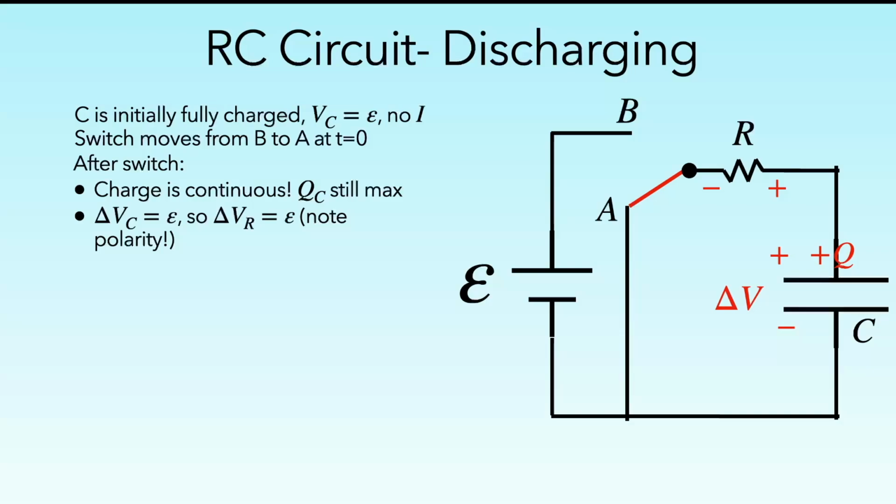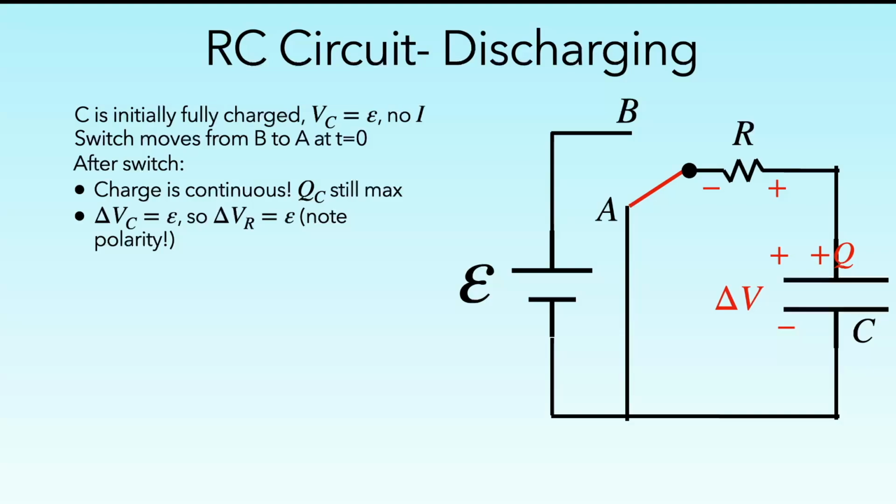And if you go around that circuit, remember now the EMF's not part of the circuit. So if we go around this circuit in a clockwise manner, the voltage across the resistor has to equal the voltage across the capacitor. But note the polarity. The right side of the resistor is connected to the top of the capacitor, and the left side of the resistor is on the bottom side of the capacitor.